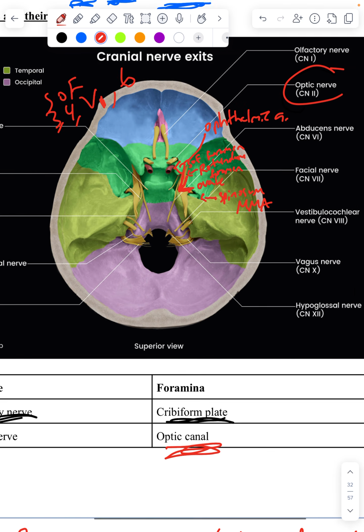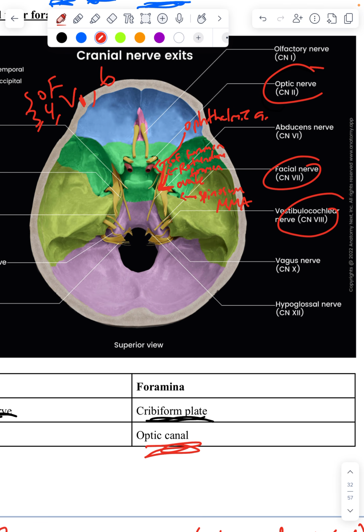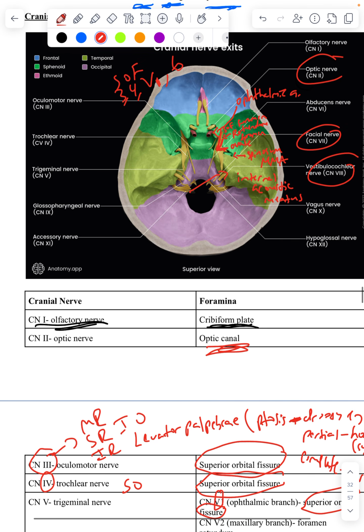And then 7 and 8 are going through this opening, which if you follow through, kind of goes to your ear. So it's internal acoustic or auditory meatus. And then 9, 10, and 11 all go through the jugular foramen with the internal jugular vein.